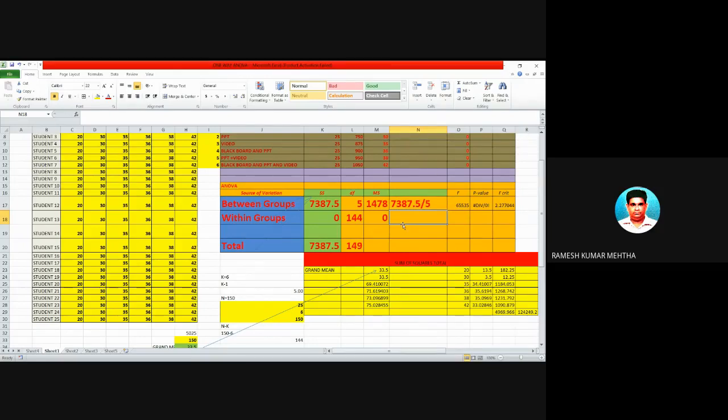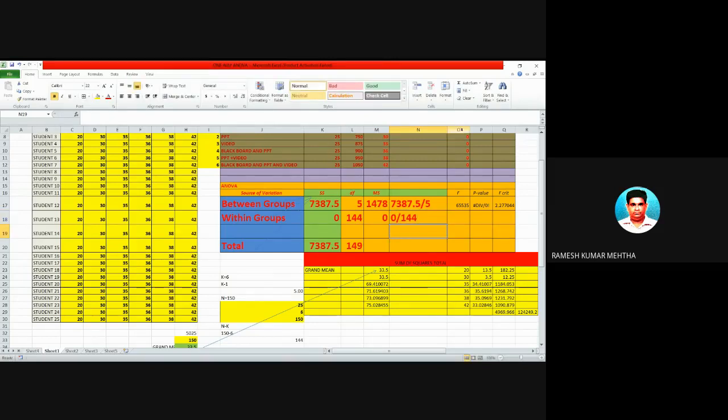As far as MS between the groups is concerned, MS means mean sum of squares. In the second case, within groups, MS is mean sum of squares within the groups, which is equal to 0 by 144.